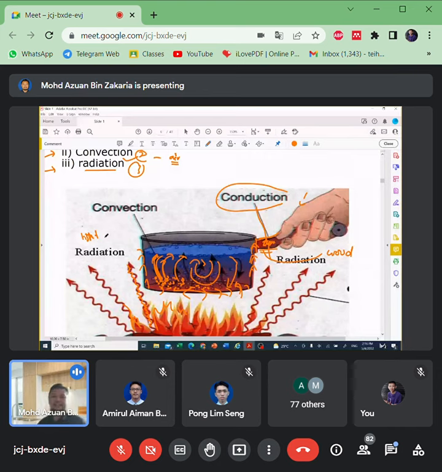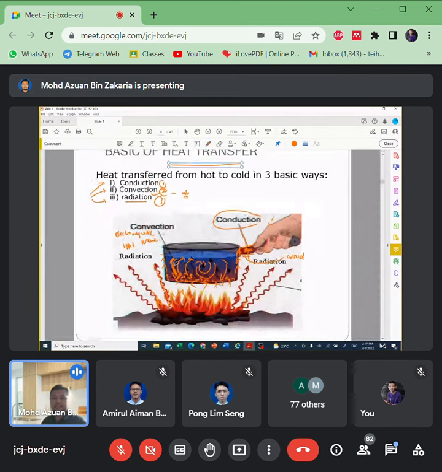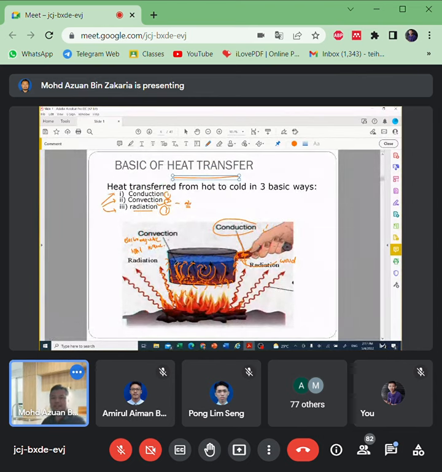The light has what we call an electromagnetic wave, short wave radiation. Because it has short wave radiation, it can carry some energy, right? So it becomes hot. You will find near the fire some heat because of the radiation. So basically, there are three ways how heat is transferred.